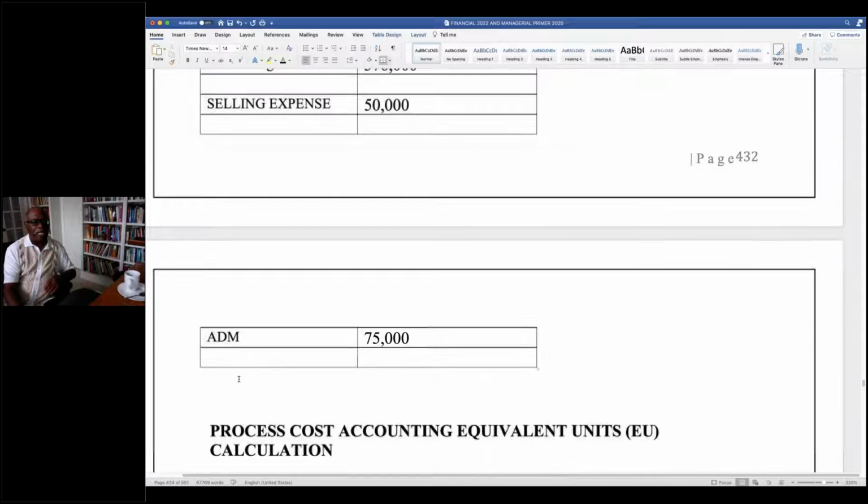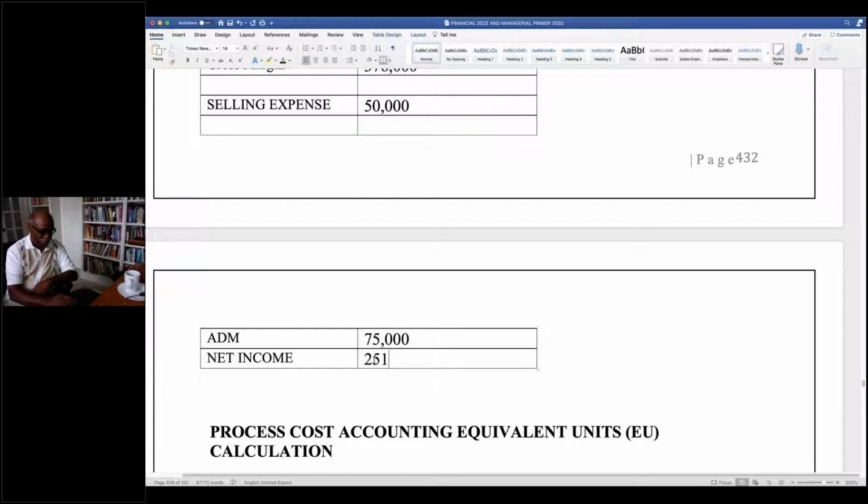So what's our net income? 249,000. No, it's not. 251. Any questions?